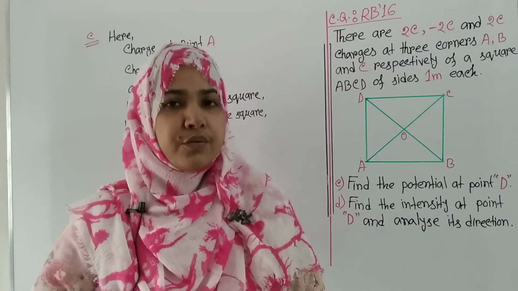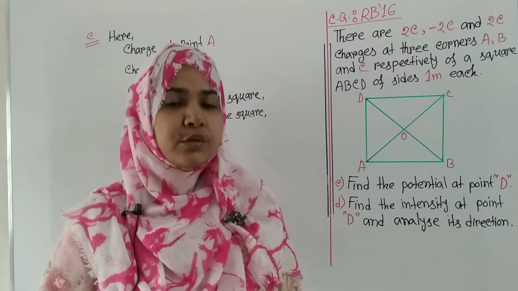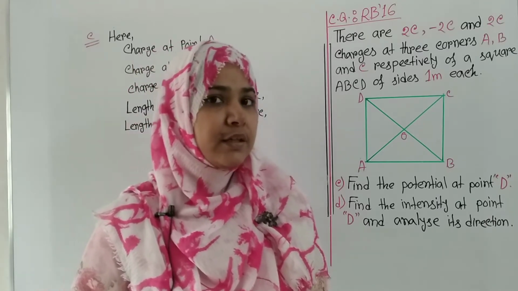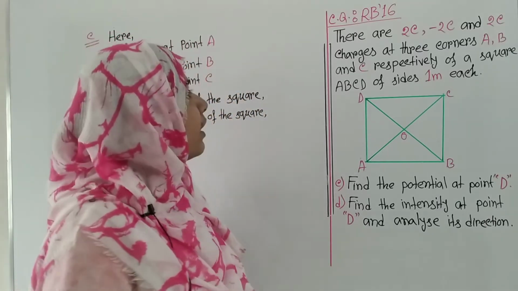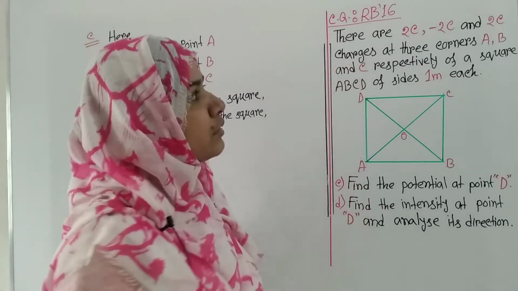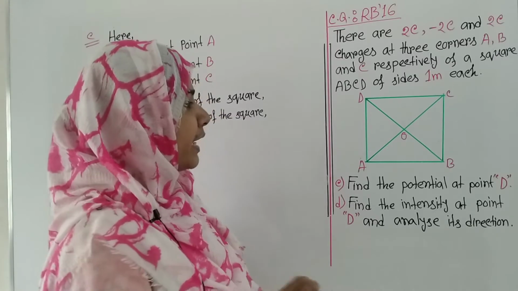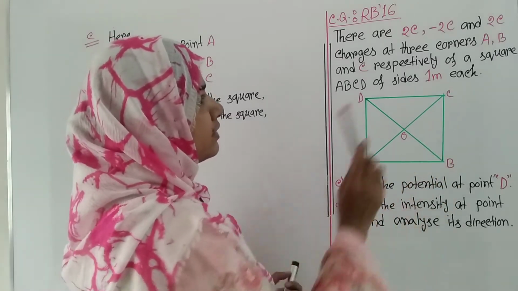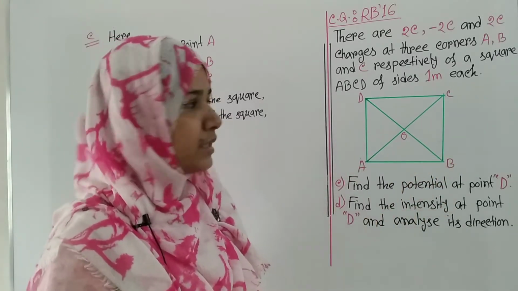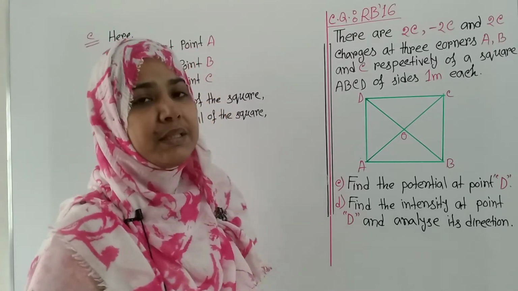Students, our first creative question is from Rajshahi Board 2016, and the question says there are 2 coulomb, minus 2 coulomb and 2 coulomb charges at 3 corners A, B and C respectively of a square ABCD whose sides are 1 meter each.